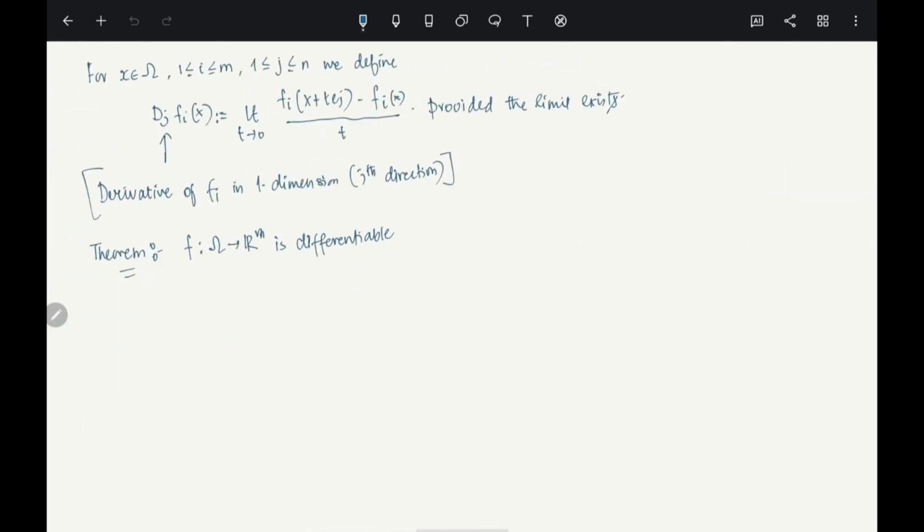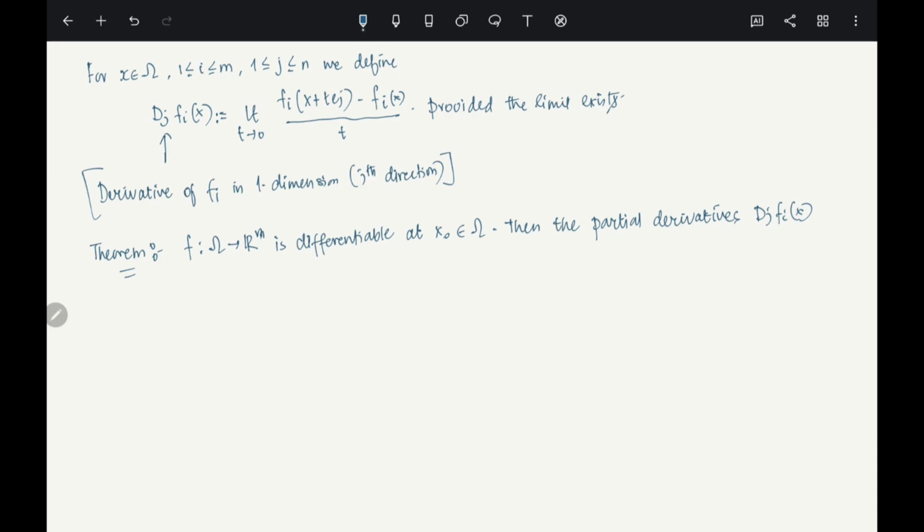To do that, we define the concept of partial derivatives, and here I am writing this theorem. So if f from omega to Rm is differentiable at some point x0 in omega, then the partial derivatives, so this is the relation between derivative and partial derivative, dj fi at the point x exist.